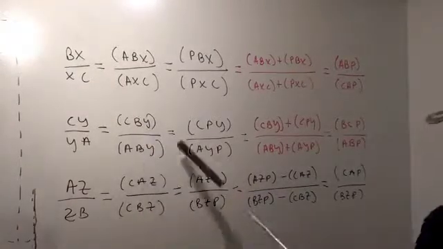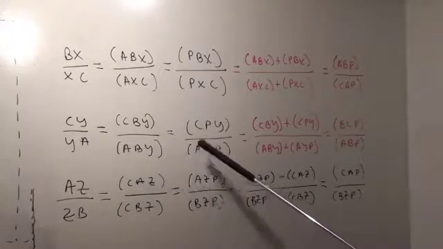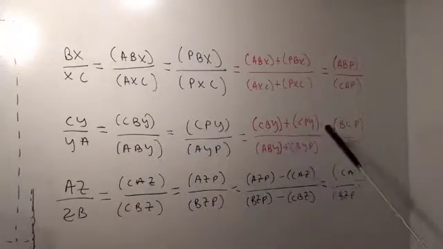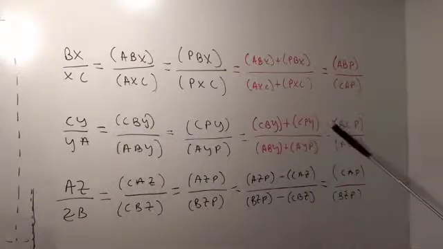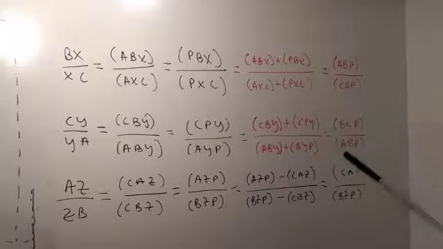So we look at the ratio of those two, CBY and ABY, we add them, and we get that the ratio CY over YA equals the ratio of the areas of triangle BCP over ABP.